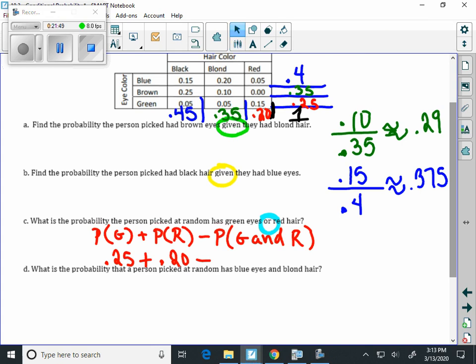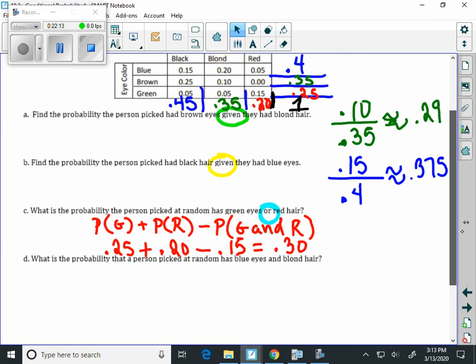Just follow the column here. So go to the green, go to the red, and when your fingers overlap, we see that that's going to be 0.15. And when we type that into the calculator, we should end up with 0.30.